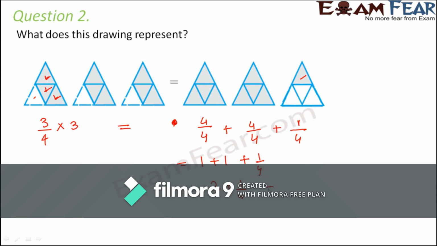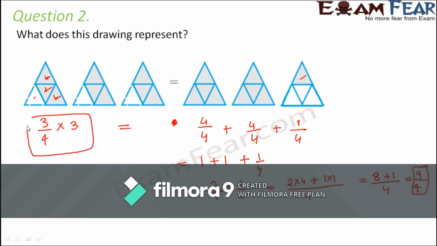So how do we add this? Here you have 4 and here you have 1. So 2 into 4 plus 1 is 9, over the denominator 4. So this is 9 by 4. So this represents 9 by 4.